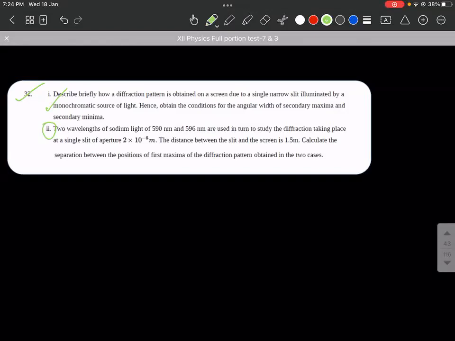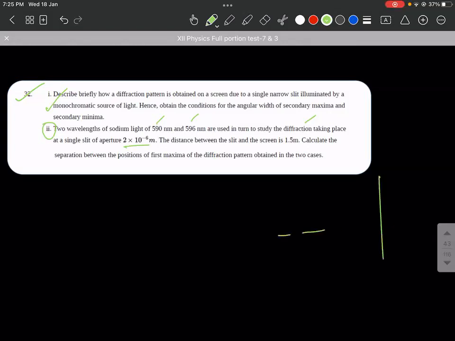Calculate the separation between the positions of the first maximum of the diffraction pattern obtained in the two cases. How to solve this? That is the opening.